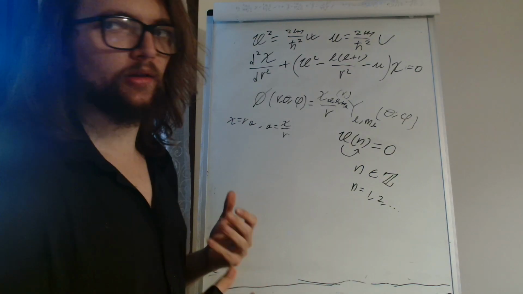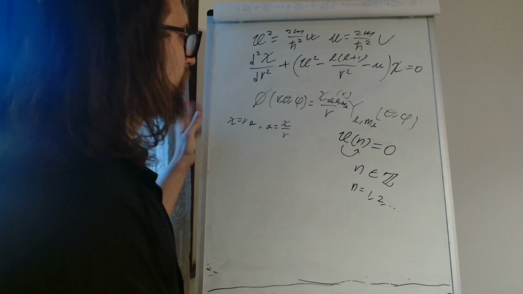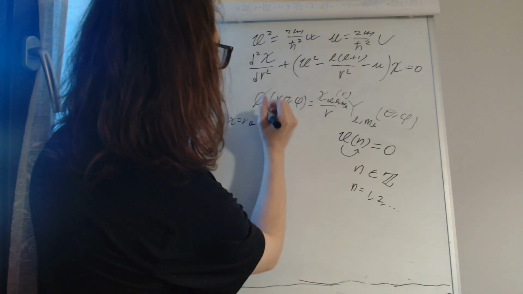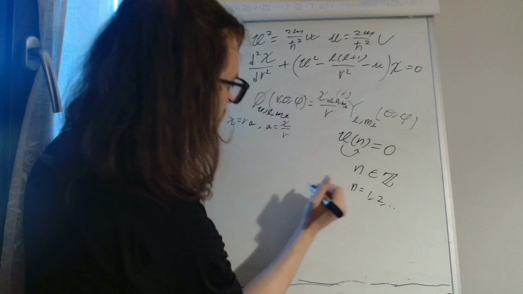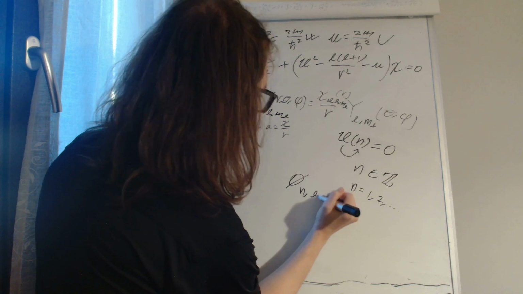This is why we have only discrete quantum numbers for the electrons in an atom, and in this case the function, instead of k, we write it with the number n: psi n, L, m_L.